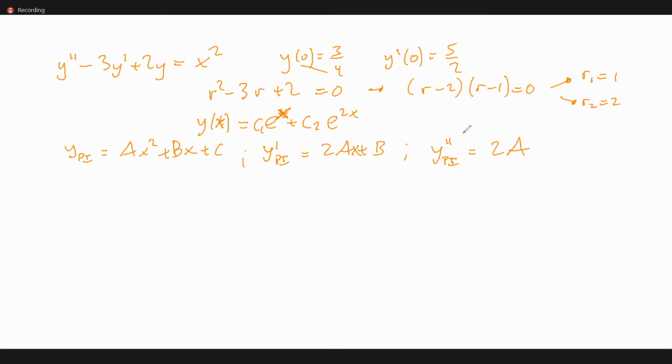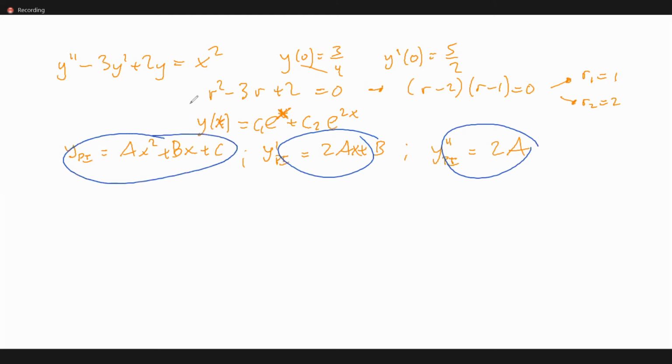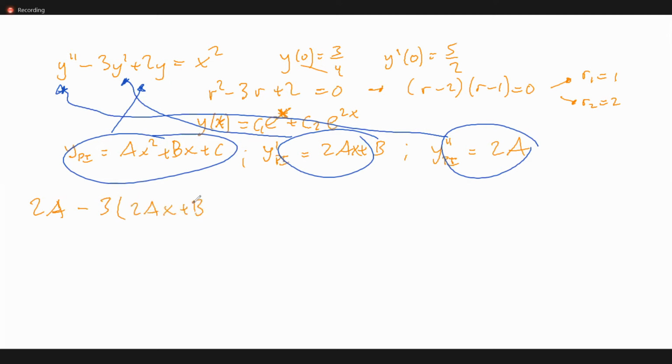So we now use these three terms, y, y prime, and y double prime, and we substitute into the original differential equation, so that we have 2a minus 3 times (2ax plus b) plus 2 times (ax squared plus bx plus c) is equal to x squared.